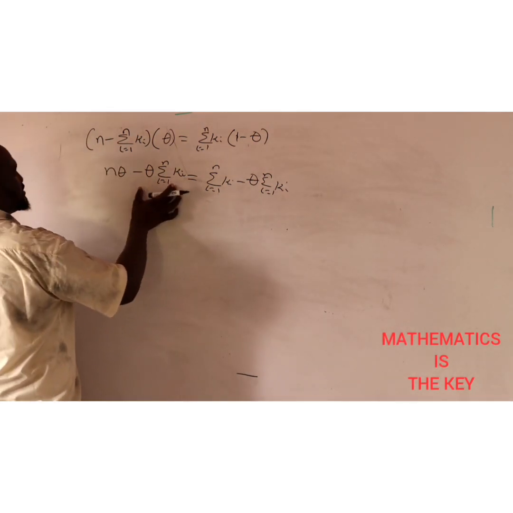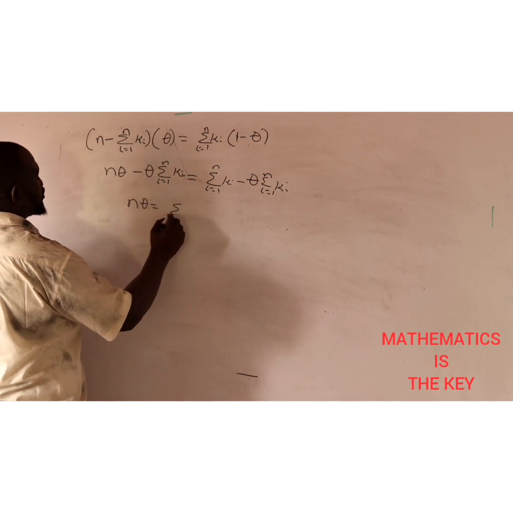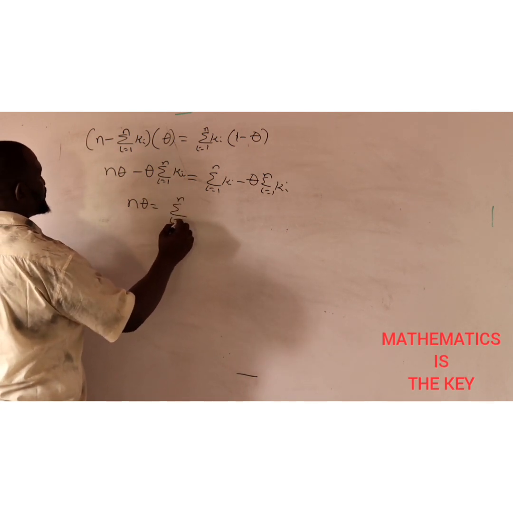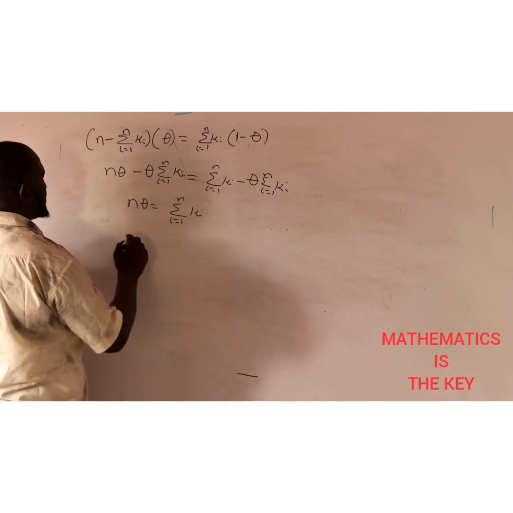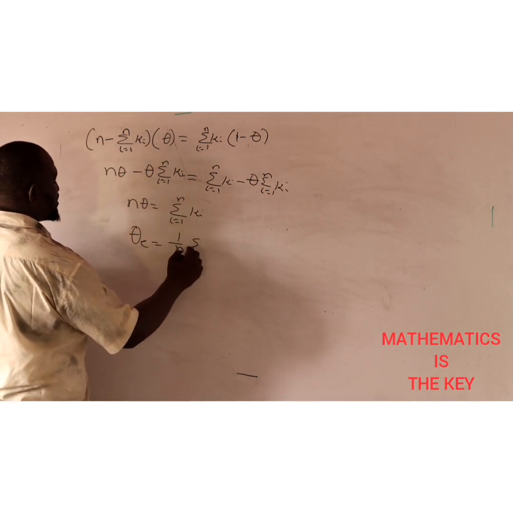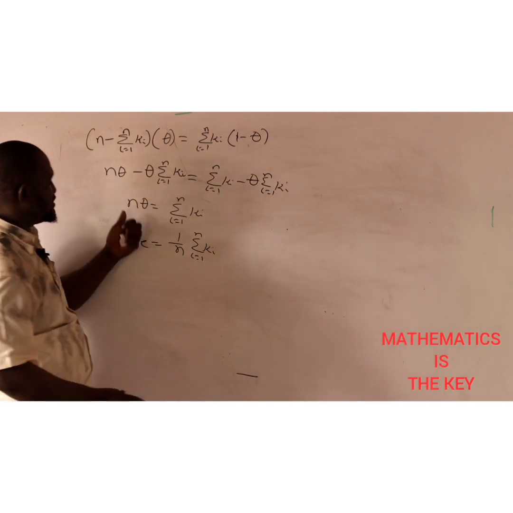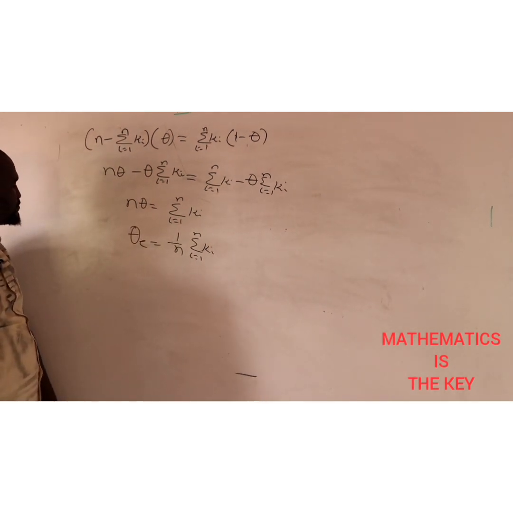Simplifying further, this will cancel this. So we have nθ is equal to summation from i = 1 to n of ki, and our θ estimate now will be 1 over n summation from i = 1 to n of ki, by dividing both sides by n.